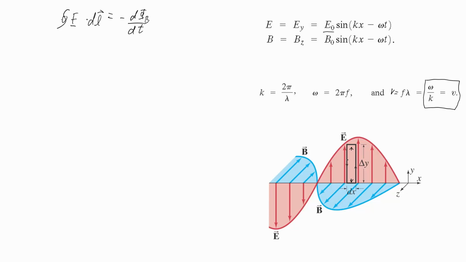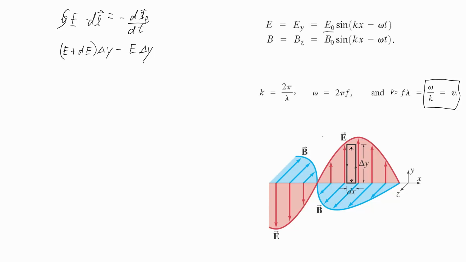Now they have the same length, but the E field is stronger here than it is here. So if we multiply the E field by the length, I'm going to call that length delta y. For the stronger E field, I'm going to say that it is E plus a little bit, and I'll explain that in a second, times delta y, minus E delta y. This is the left-hand side of my expression here.